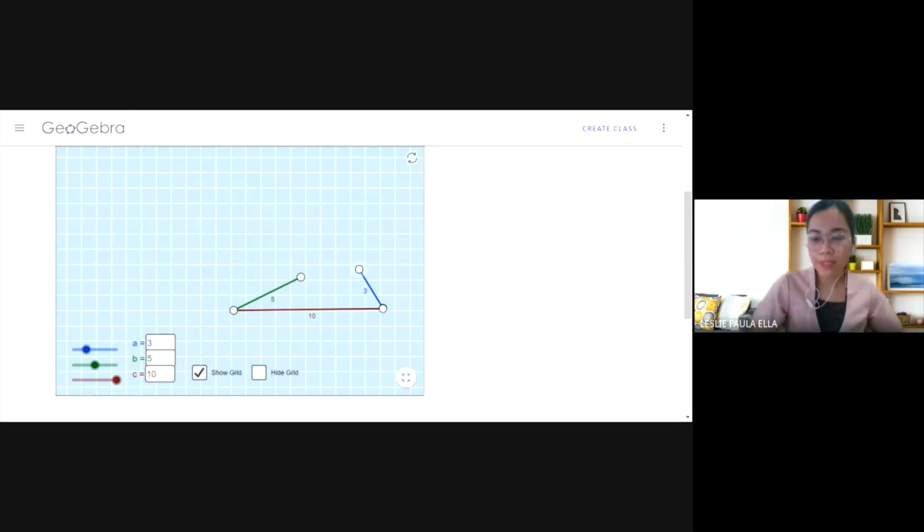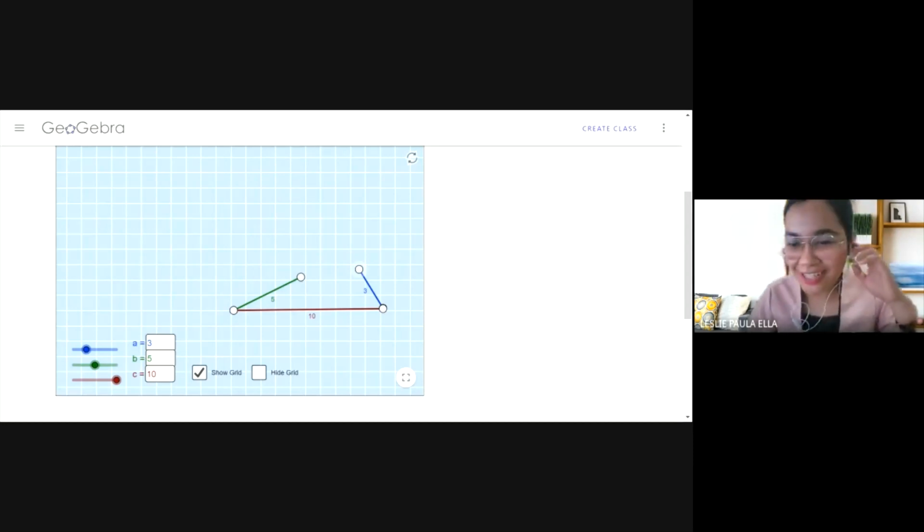No. Okay. So in this given set of lengths, we are not able to form a triangle. As you can see, the endpoints of the lines with the lengths of 5 and 3 did not meet. So we are not able to form a triangle.